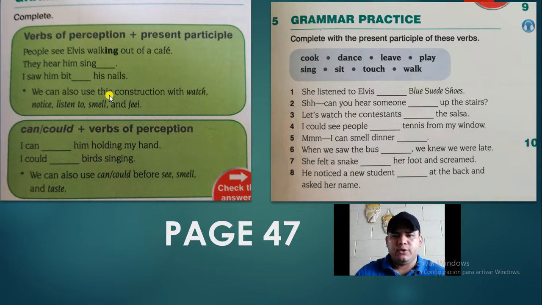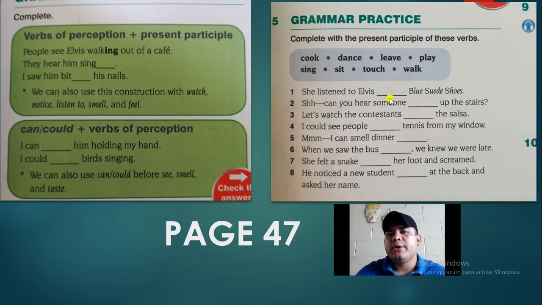So this is just for you to understand the grammar, and then the practice that you have to do is on page number 47, exercise number 5. These verbs must be put into these spaces, following basically the same pattern. So she listened to Elvis, what? Blue Suede Shoes. Cook, sing, dance, sit, touch, live, play, walk.